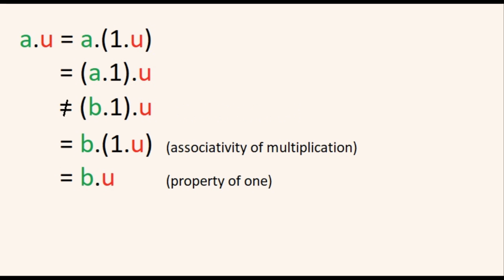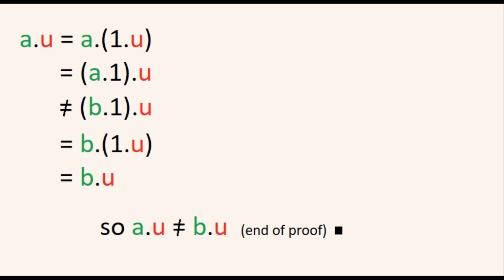Simplifying the expression again using the following axioms brings us to the expression b times u. Since there was only one not equal to expression in this list of axiom transformations on the expression, this is adequate to prove that a times u isn't equal to b times u, so that completes the proof.